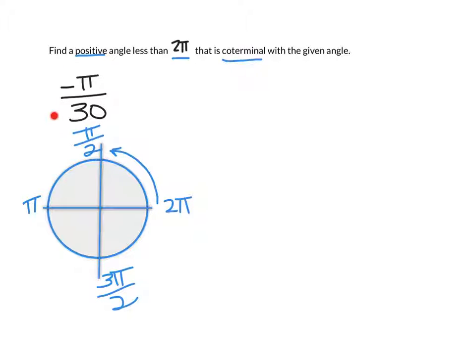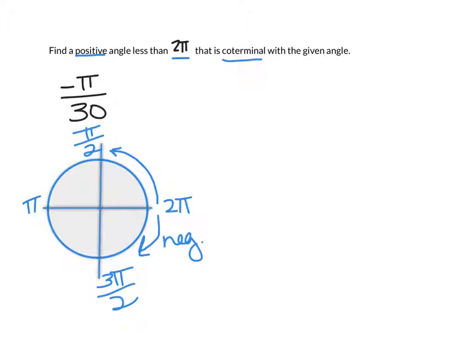My first job is to figure out where negative pi over 30 is located on the unit circle. First of all, I'm dealing with a negative, so that means that I'm going in this direction, which is the negative direction. And then I'm going to convert it to rotation so that I know exactly where it is on the unit circle.